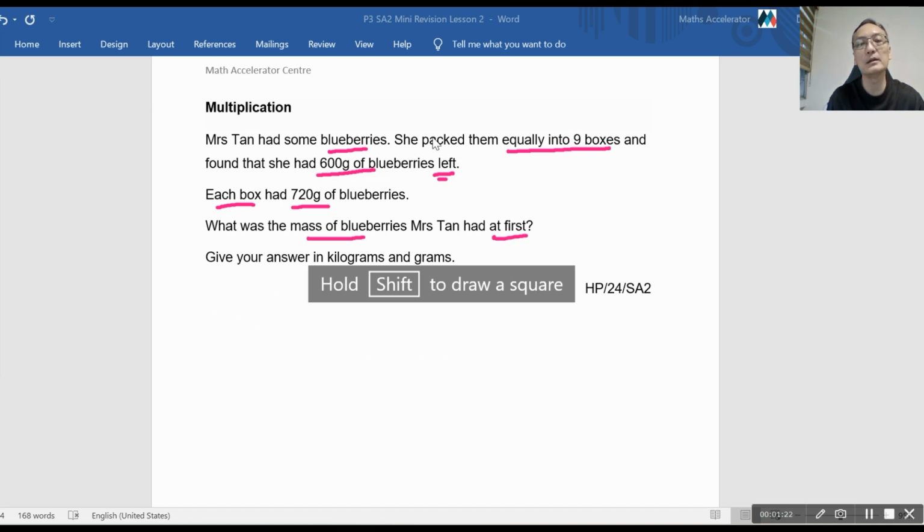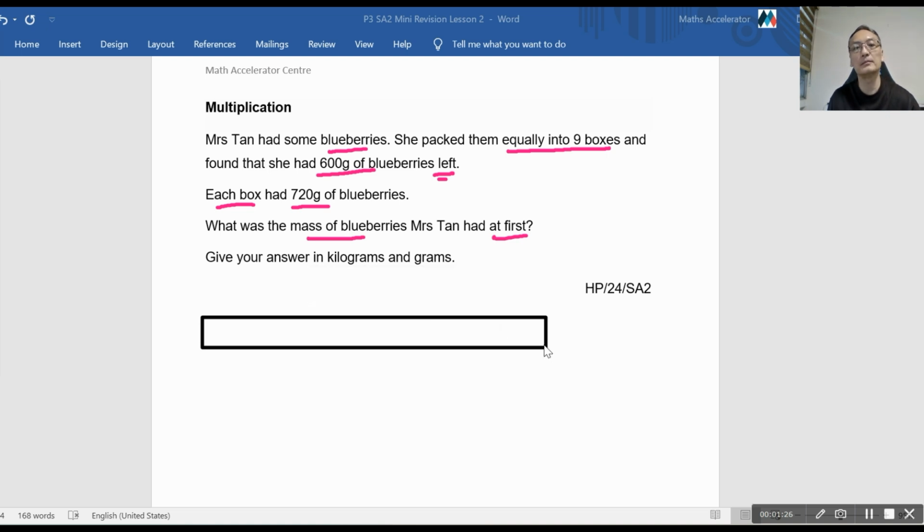So the first thing is we will use a model to represent all the blueberries that she has. She's able to pack them equally into 9 boxes, so we indicate here 9 boxes, and she has 600 grams left.